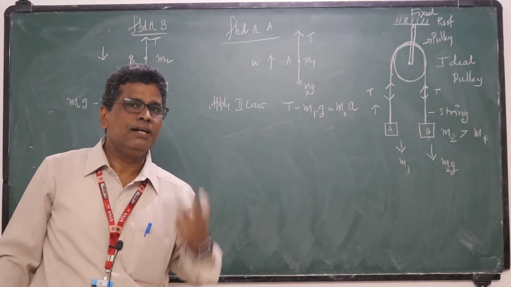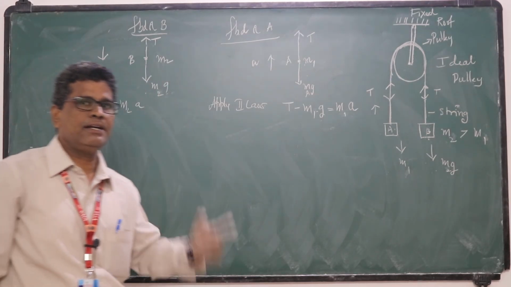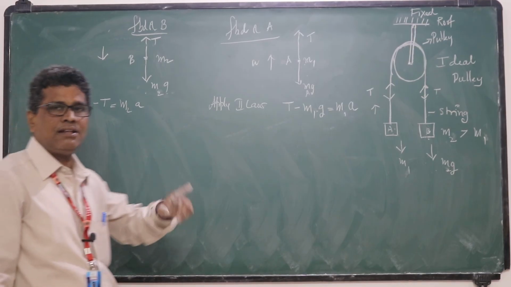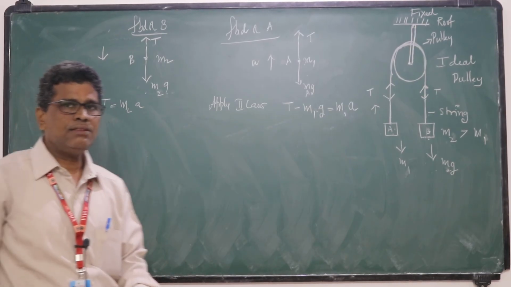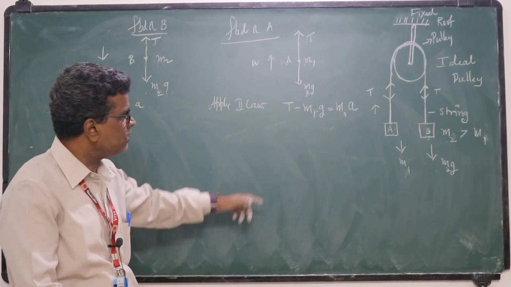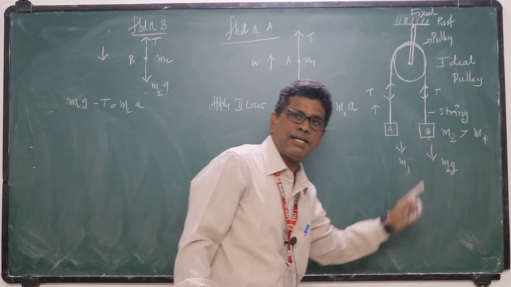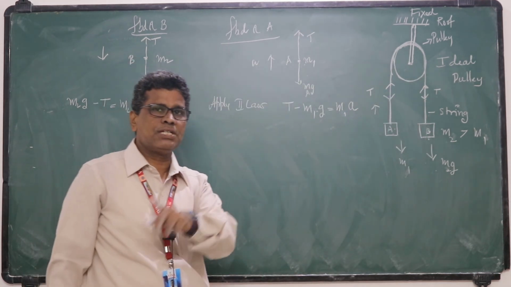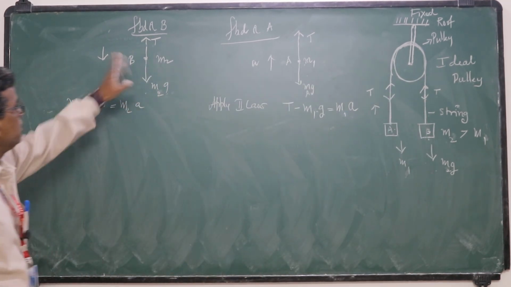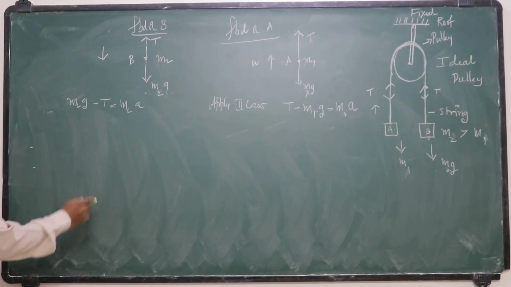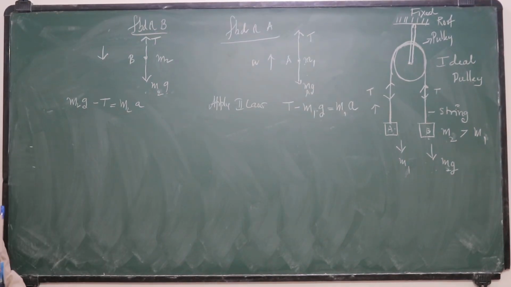You have to learn by drawing these FBD diagrams. You consider the forces in the direction in which the body moves. The body moves in the vertical direction, so you consider the forces only in the vertical direction. Clear? So I got this.